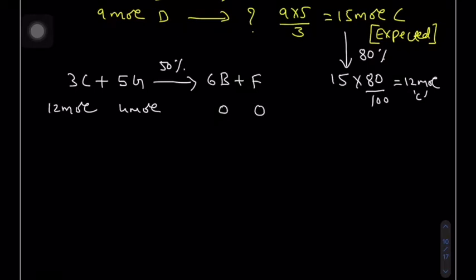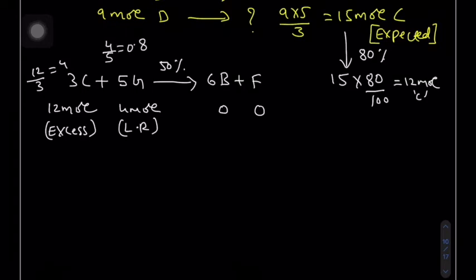Now here G will be the limiting reagent and C will be the excess reagent, because for C, the number of moles is 12 and the stoichiometric coefficient is 3, so the ratio is 4. Here for G, the number of moles is 4 and the stoichiometric coefficient is 5, so that is 0.8.